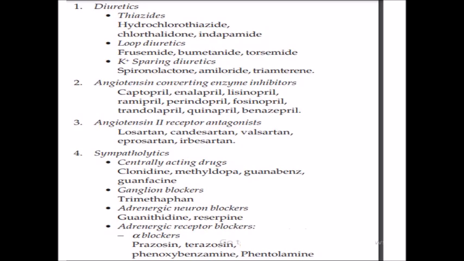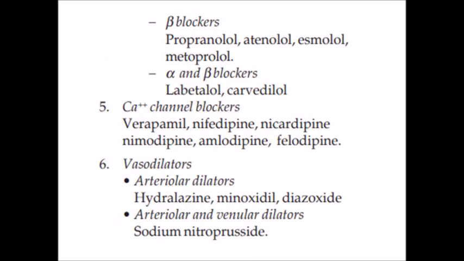Adrenergic receptor blockers are alpha blockers, beta blockers, and those blocking alpha and beta receptors. First is alpha blockers, which we have already studied in the sympathetic system: prazosin, terazosin, doxazosin, phenoxybenzamine, phentolamine, such drugs. Beta blockers also we are familiar with: propranolol, atenolol, esmolol, metoprolol. Then those which can block alpha and beta are labetalol, carvedilol.